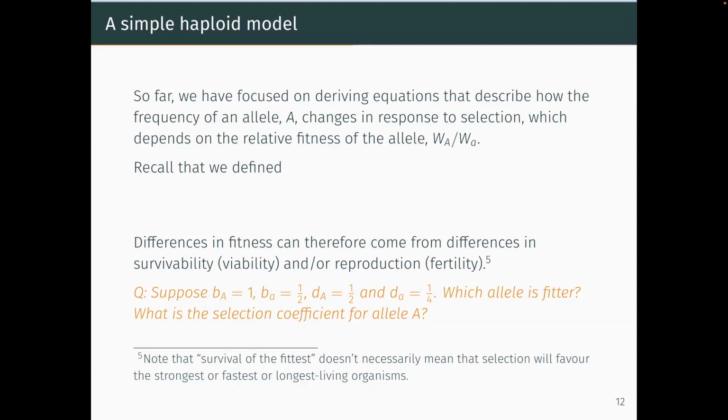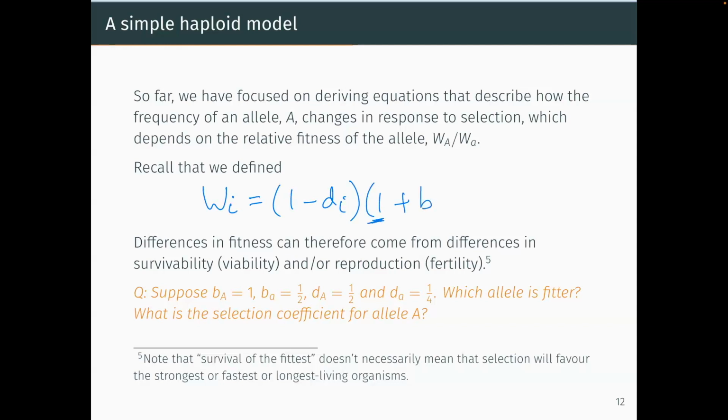But if we recall, we defined our absolute fitness at the start for allele i to be 1 minus d_i, where d_i was our probability of dying. And for this particular population, as was asked earlier, we're going to assume that we've got overlapping generations.